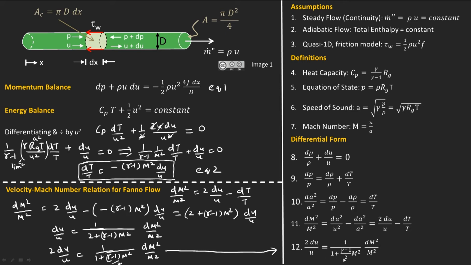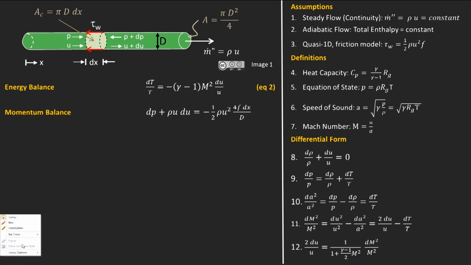Now that we have stored this equation safely, we should also understand that we could derive the velocity Mach number relationship for Fanno flow in this particular form only because of the starting assumption that the flow is adiabatic. Therefore, this equation is not generically true for all compressible flows, and it's important to keep that in mind.